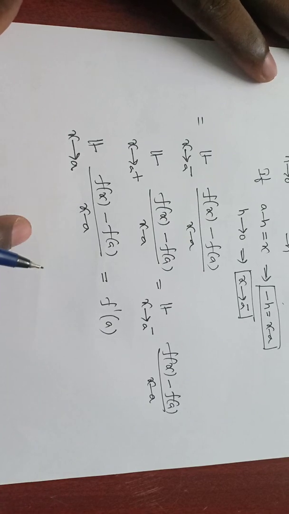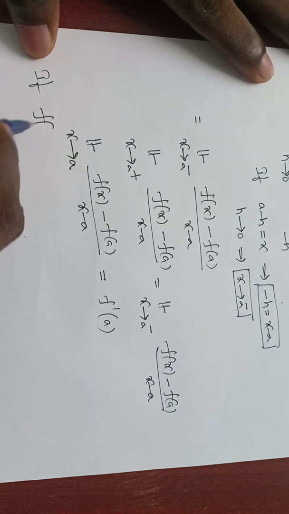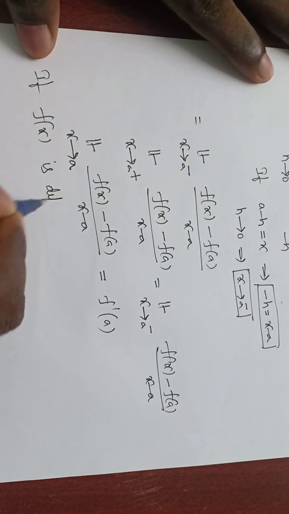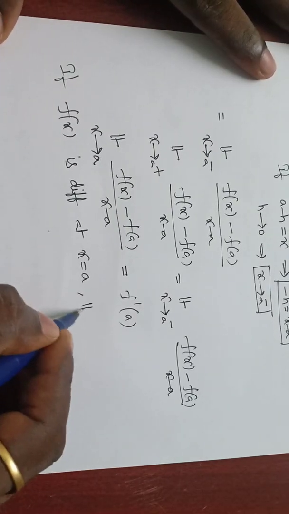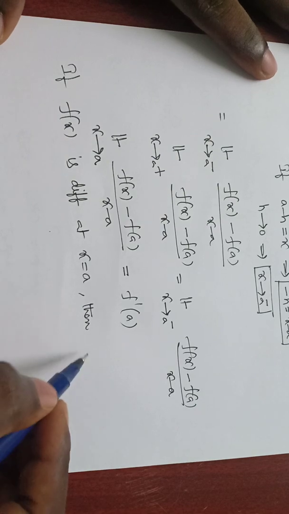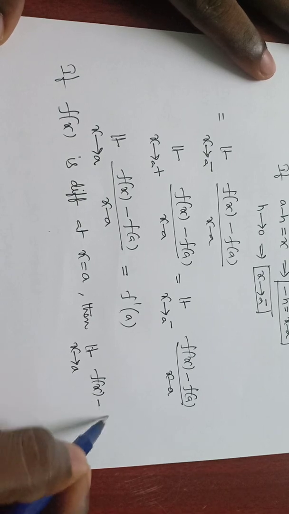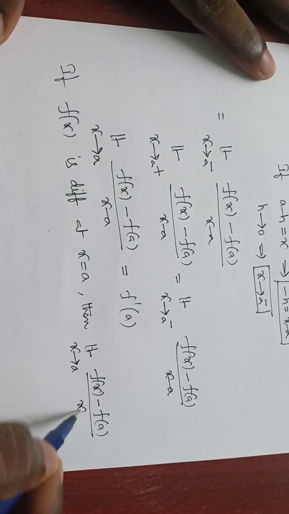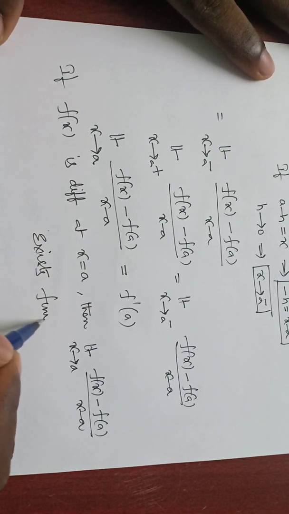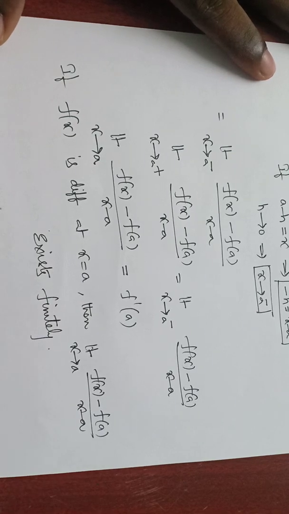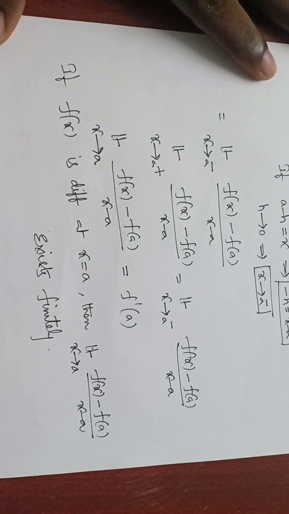So if f of x is differentiable at x equal to a, then clearly limit x tends to a of f of x minus f of a by x minus a exists finitely. If it exists finitely, the existing limit is called the derivative at x equal to a.